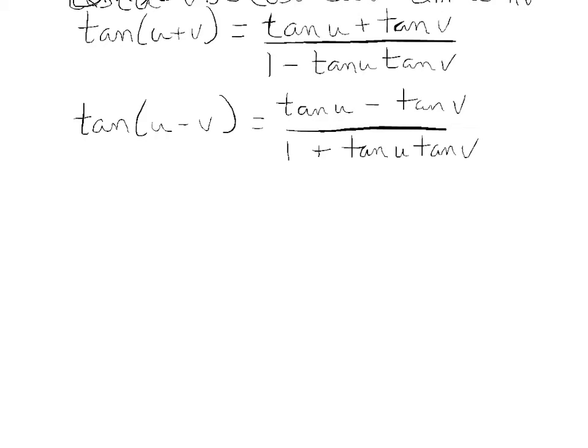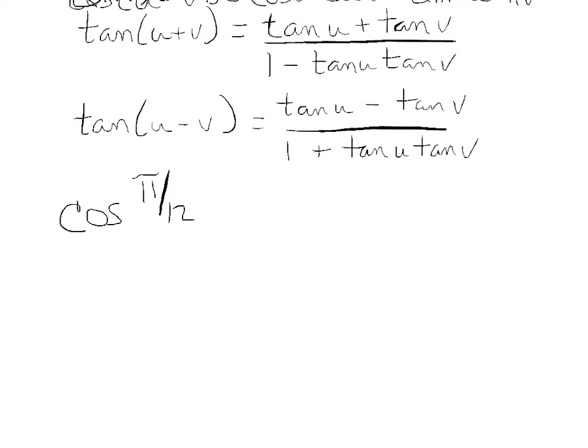All right, let's say that I want to find the cosine of pi over 12. And I want an exact value. Well, we don't know pi over 12. But we can come up with a combination of angles that we do know that would give us pi over 12.